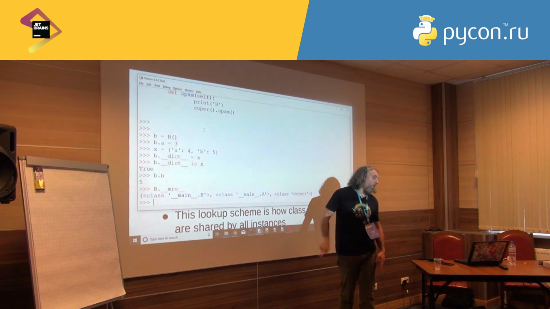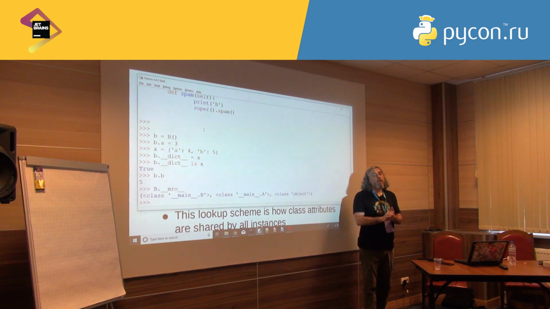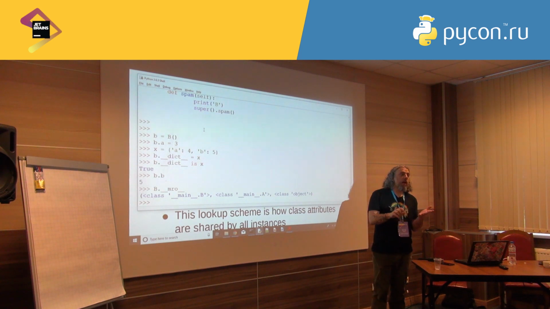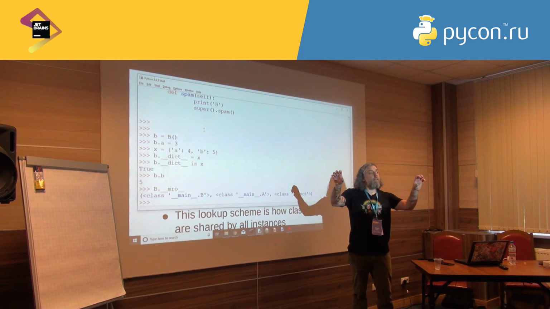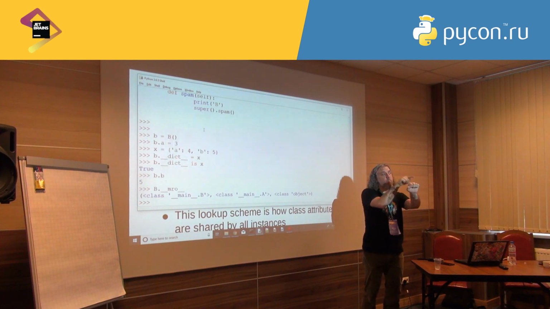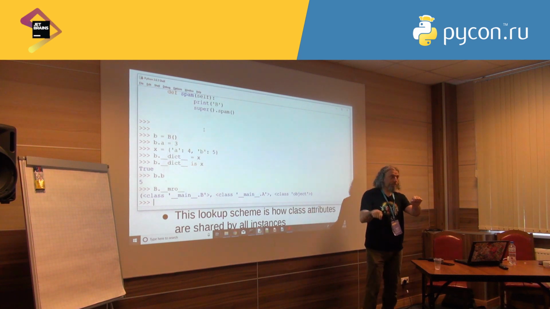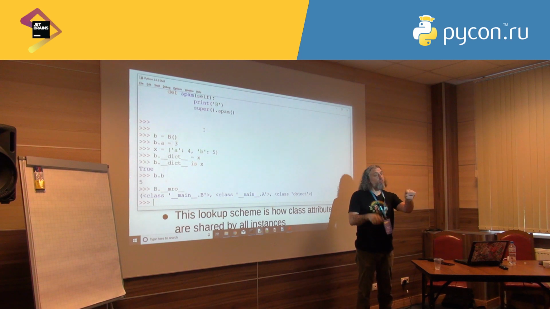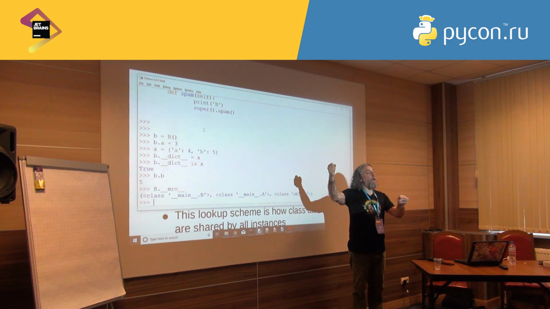So the C3 linearization algorithm is used to linearize the inheritance hierarchy. And what it does is it linearizes following two rules. That the order classes are declared must be honored. So if we have mix-in and then parent, mix-in should be checked before parent. And children should always be checked before parents.